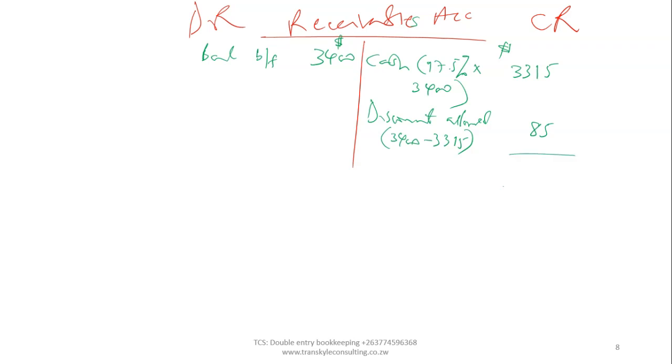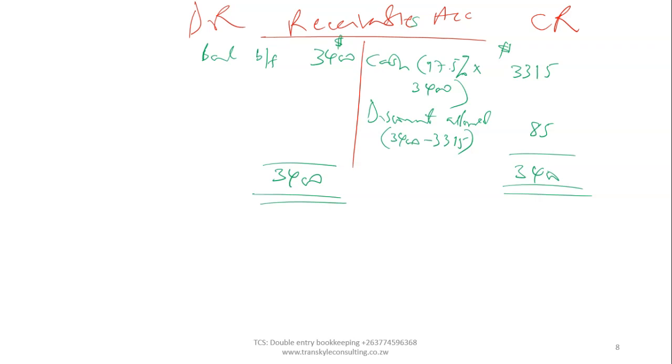You also have to balance off the account. Remember, the larger side should always appear on both sides of the account. All right. So if you add up 3,315 and 85, you come to 3,400.